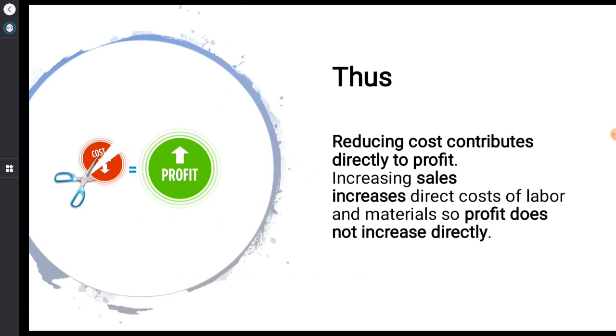So reducing costs contributes directly to profit, while increasing sales increases direct costs of labor and material, so profit doesn't increase directly. It will eventually increase, but not in a direct way or with a significant effect like cutting the materials costs and labor costs.